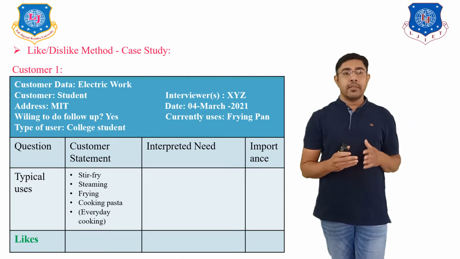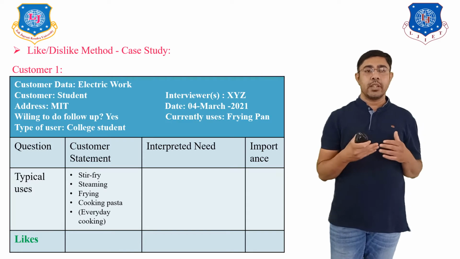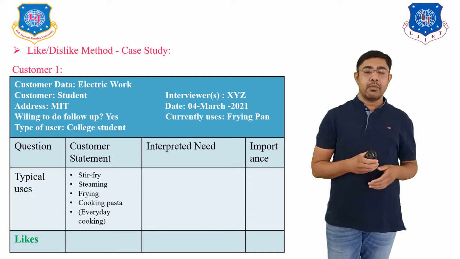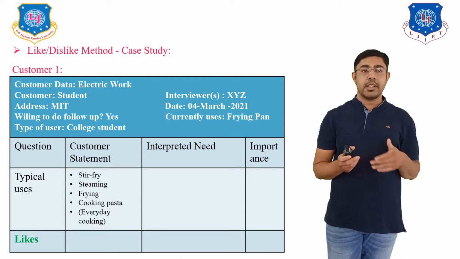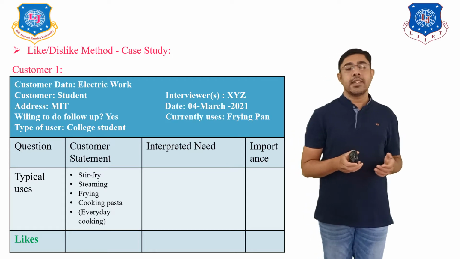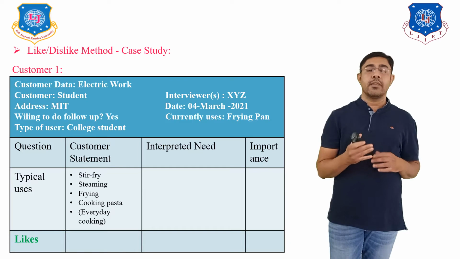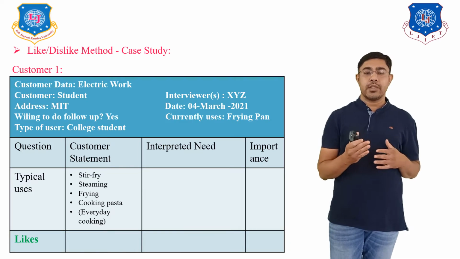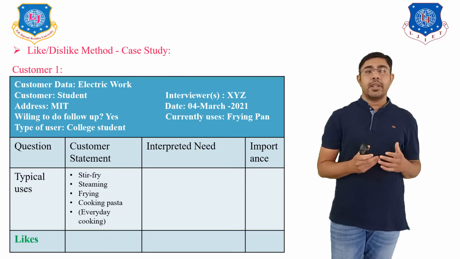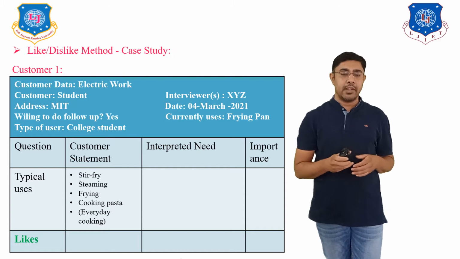Whether the customer is willing to do a follow-up has to be written; here I have mentioned yes. The type of user is college student. We also write the interviewer's name, here XYZ, and the date of the interview, 4 March 2021.